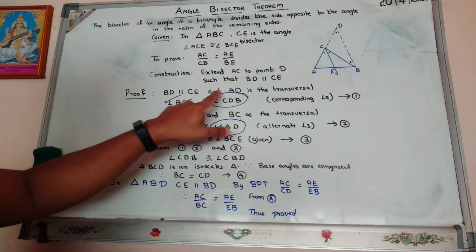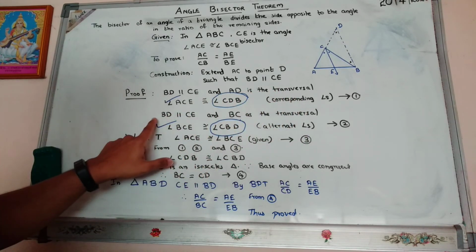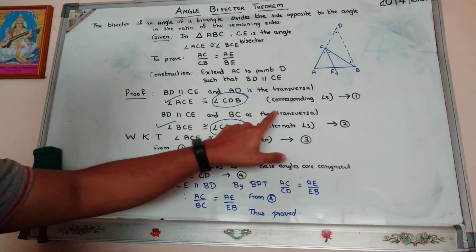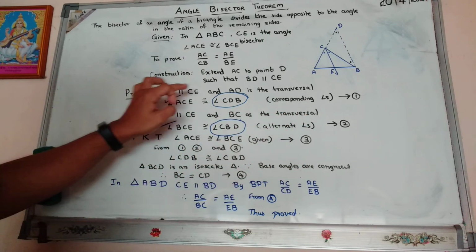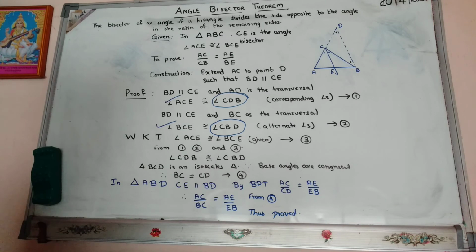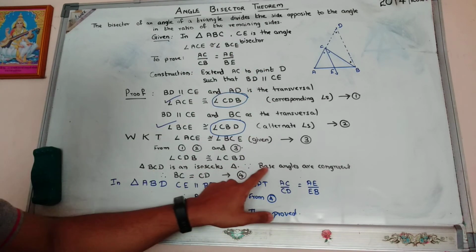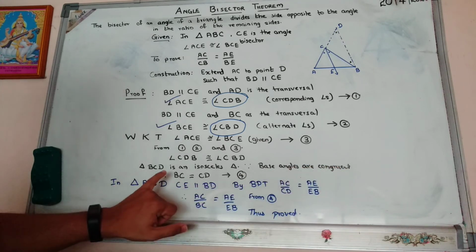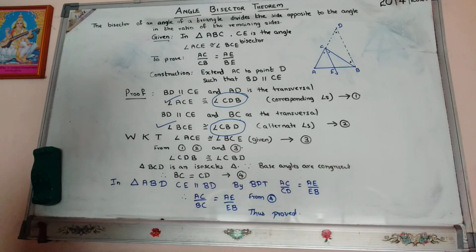So BD parallel to CE, AD is the transversal, I applied corresponding angles. BD parallel to CE, BC as the transversal, I applied alternate angles. So from 1, 2 and 3, I already know that angle CDB is congruent to CBD. That means triangle BCD becomes an isosceles triangle, the base angles are congruent. So from that I get BC equal to CD. This is my equation number 4.